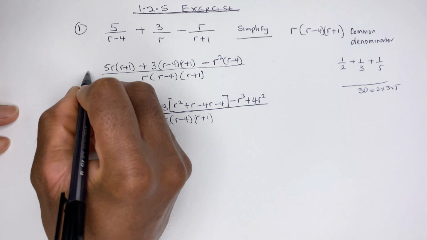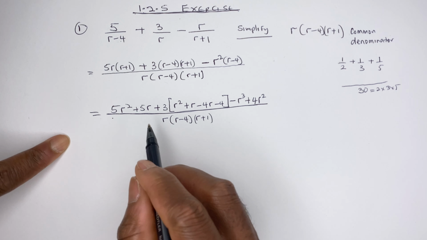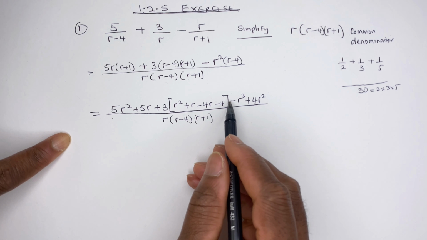Okay, we're getting somewhere. Now what we need to do is just multiply out the square bracket.